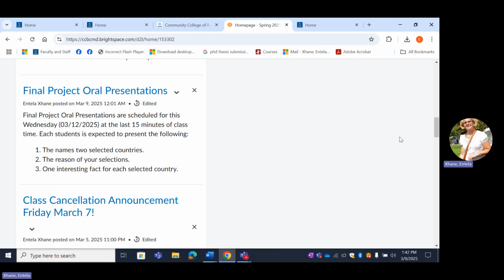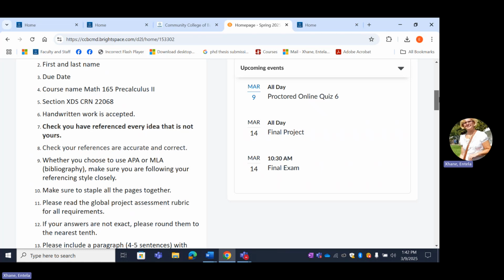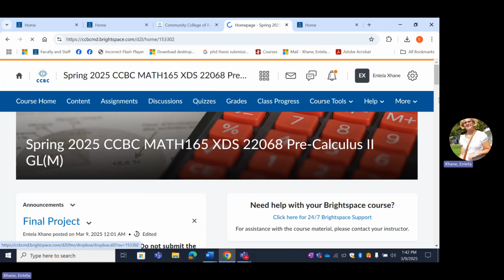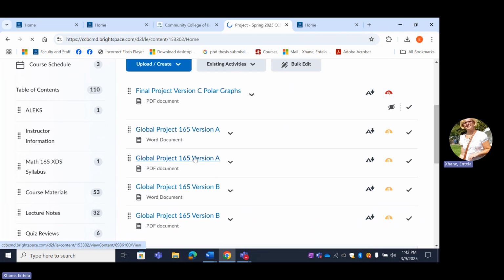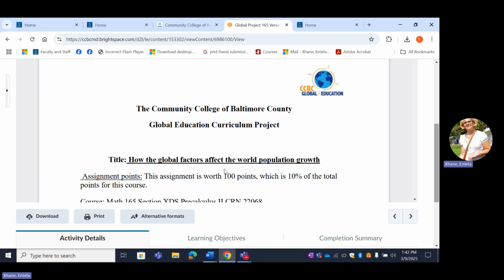Now, let's say you selected project A. What is the main idea behind it? If I go to the content, project A, simply by reading version A, I understand that this is about the global factors impacting world population growth.